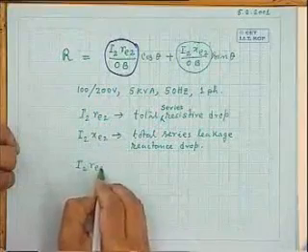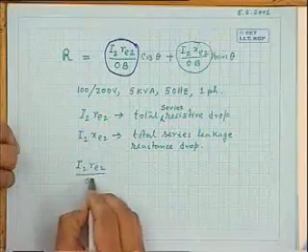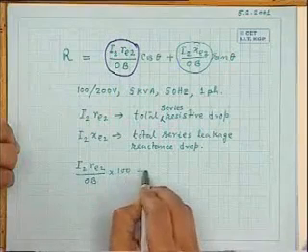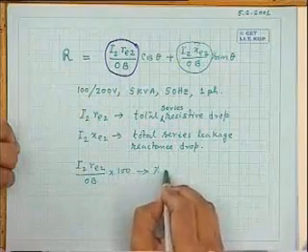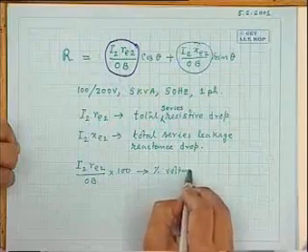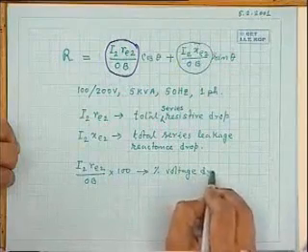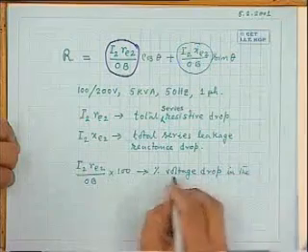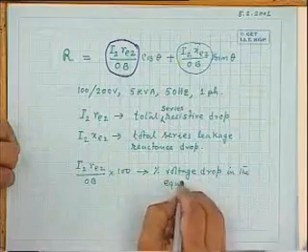And this, I2 RE2 over OB into 100, will give you the percentage voltage drop, only magnitude, percentage voltage drop in the equivalent resistance.